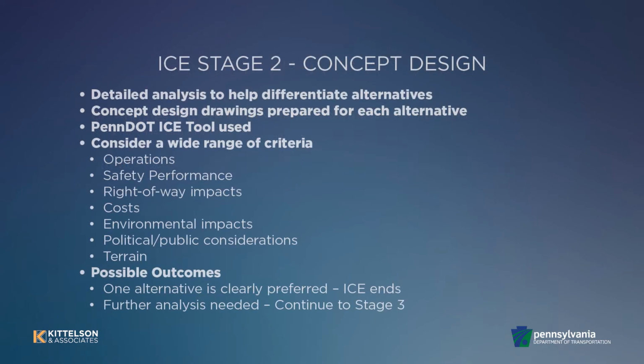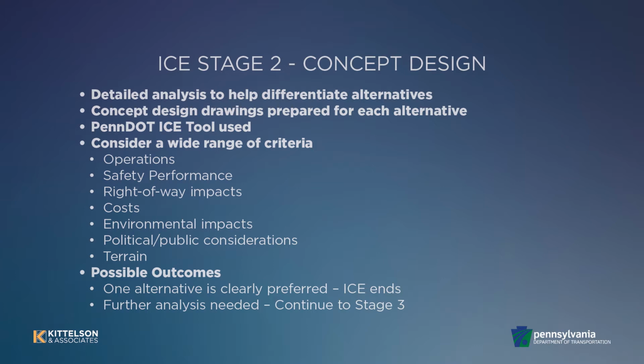Stage 2 of ICE is concept design. This is where more detailed analysis is done to help differentiate between multiple alternatives if stage 1 identifies multiple alternatives as being feasible. Concept drawings are prepared for each alternative, the PennDOT ICE tool is used, and other things that generally influence selection of an intersection control are analyzed.